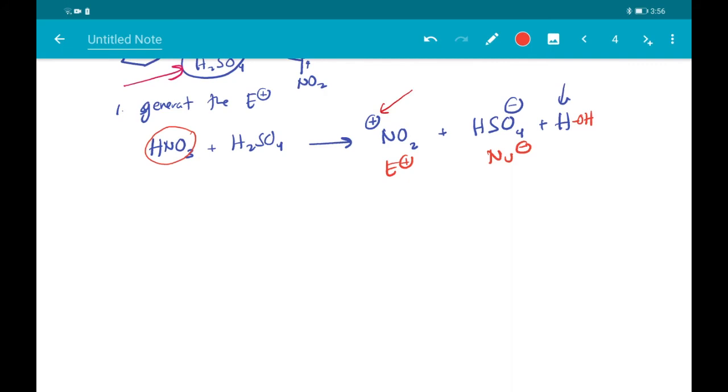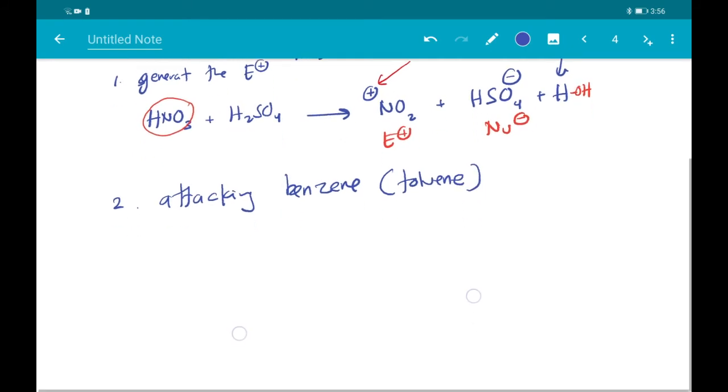So the second step is the attacking process of the benzene towards the electrophile. After we have produced our electrophile just now, the benzene, in this case, we're going to use toluene because the question already stated that it started from toluene.